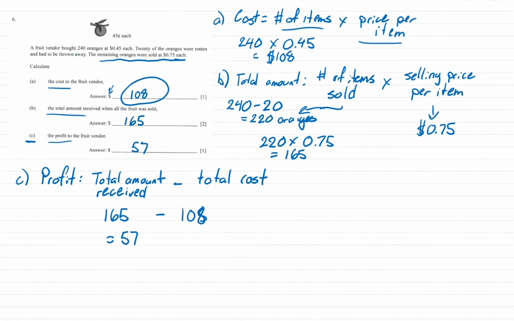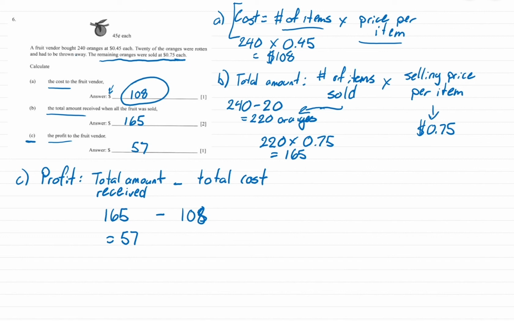So let's recap a little bit here. In the beginning, to find the total cost, we multiplied the number of items by the price per item, and that gave us $108. From there, we needed to find the total amount of money that we made after we sold all this fruit.